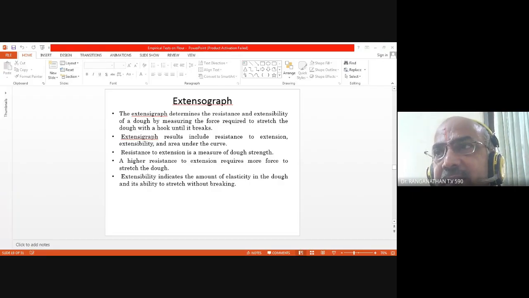So in that case, on constant disruption or constant stirring or agitation, what happens to the dough is what is given as a reading in the farinograph. In the case of extensograph, the ability to reform after repeated disruptions is what is given.